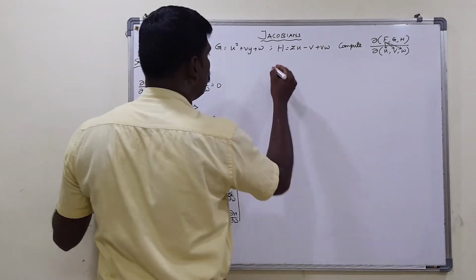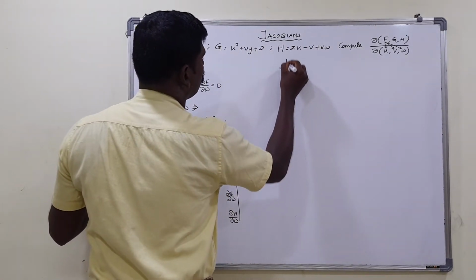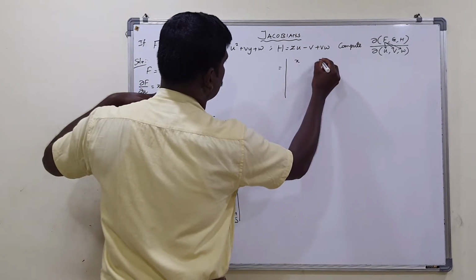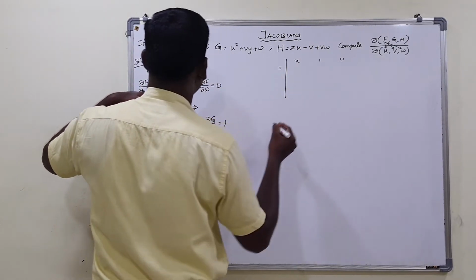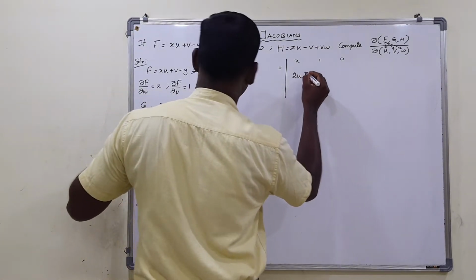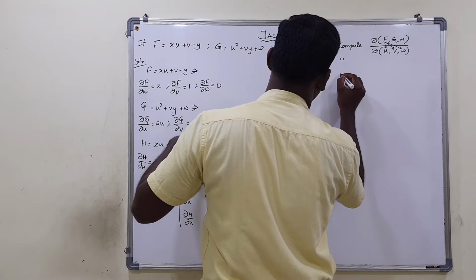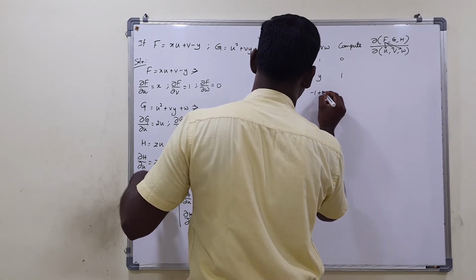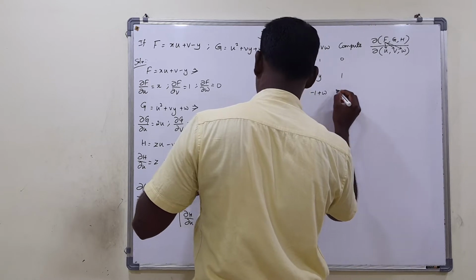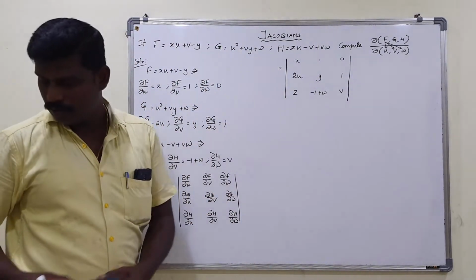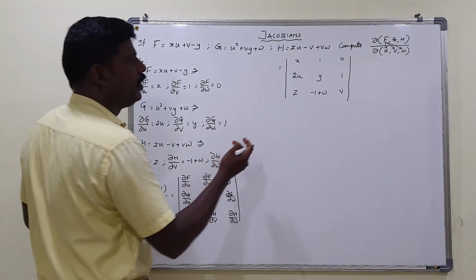So that is equal to the determinant of X, 1, 0, then 2U, Y, 1, and then Z, minus 1 plus W, and V. Now simplify it as usual.